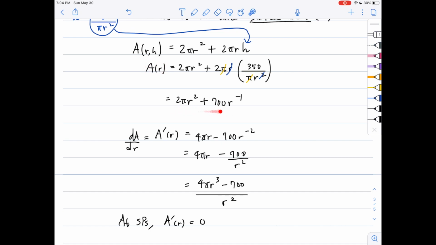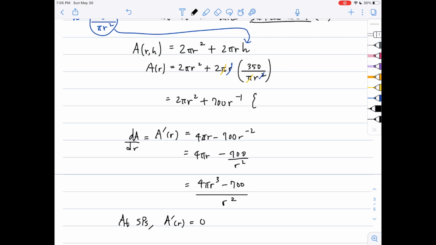If you think about a cylinder that has a fixed volume, the radius can't be 0 and it can't be negative. It can't be negative because radius is a length. If it's 0, the cylinder collapses into a line segment or something. So it's got to be a positive value.